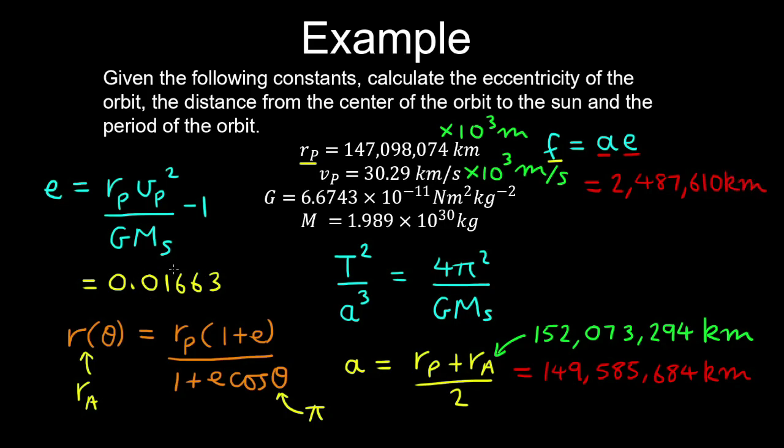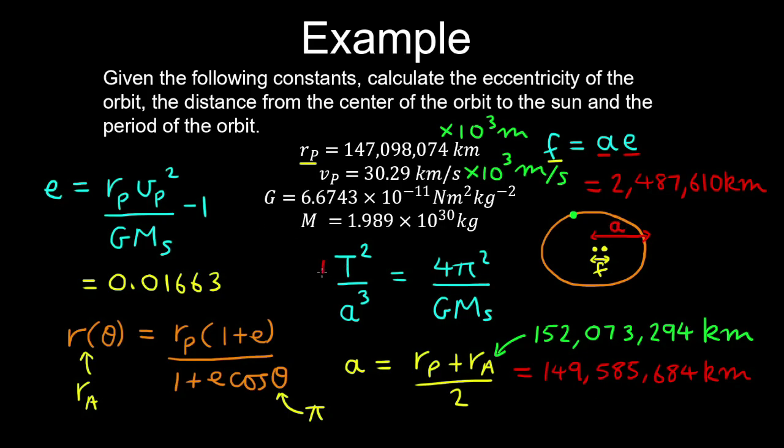So given this very small value of eccentricity, the orbit is almost circular, and if this is the center of the ellipse, the Sun at the focus is very close to the center of the ellipse. So the orbit of the planet around the Sun is almost circular. So we can see the distance to the focus is a lot smaller than the length of the semi-major axis of the ellipse.